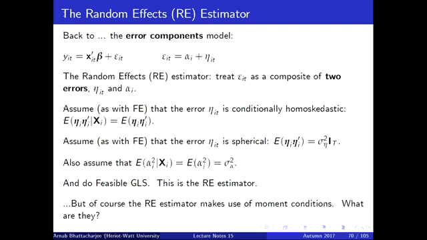Now, what was the crucial moment condition for the between estimator for exploiting between variation? It was that your x_it was orthogonal to your alpha_i. So the idea now is to go back to this and impose this directly here.